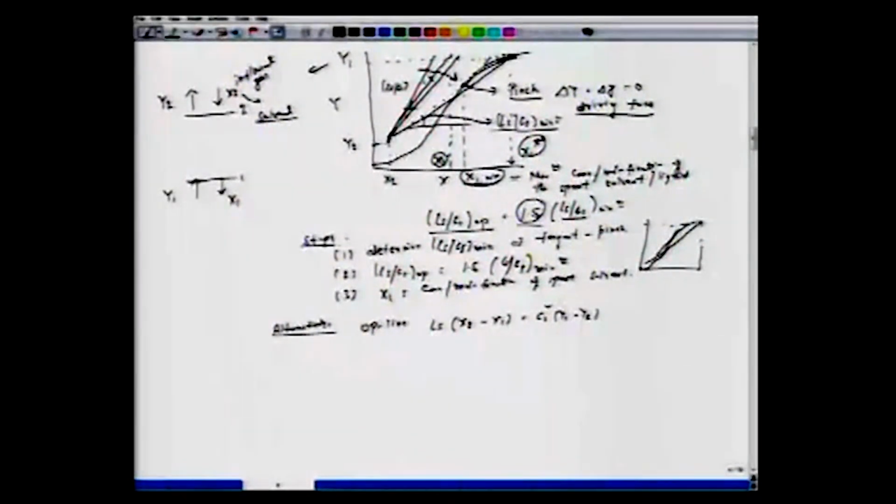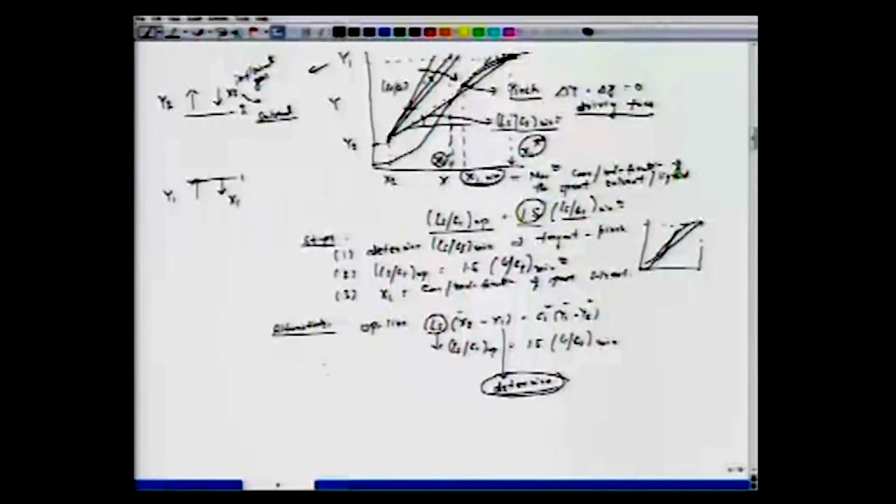So Gs is given, y1 and y2 are given. Ls we have found from Ls by Gs operating, which we found from 1.5 times minimum Ls by Gs. So we know Ls, we know x2, we can determine x1. So the idea is that x1, the concentration of this spent solvent, can be determined graphically by reading here, or we can determine it from the equations.